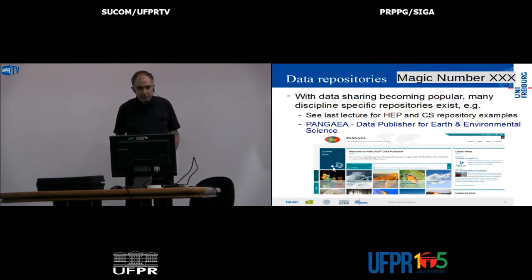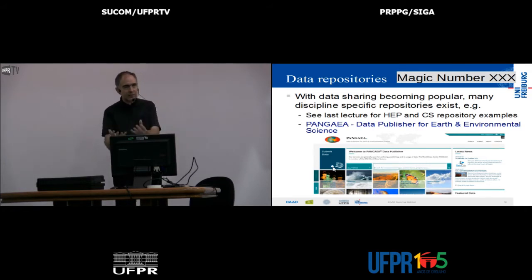When data sharing becomes popular, the discipline-specific repositories pop up. Someone has to do it, and the high-energy physics is a wonderful example. They need the data arriving from Geneva. Either you have the data or you don't have the data. Doing computation only works if you have the data.